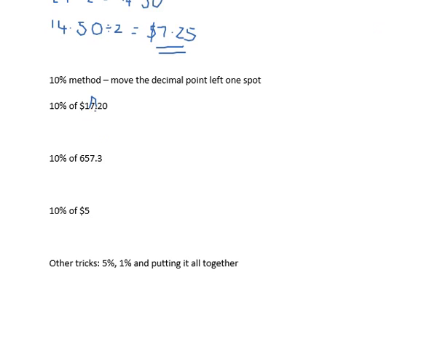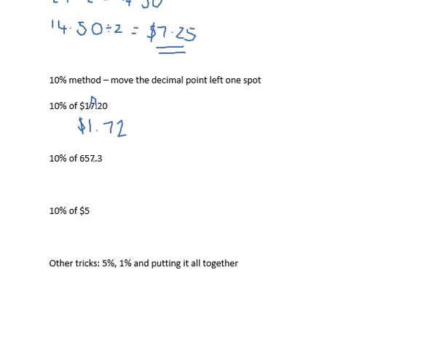So there you can see it is between the 7 and the 2. I lift it and move it between the 1 and the 7, giving me now $1.72. So 10% of $17.20 is $1.72.